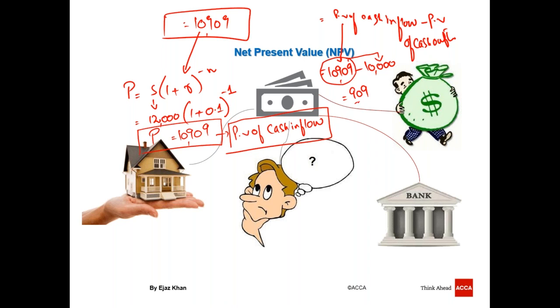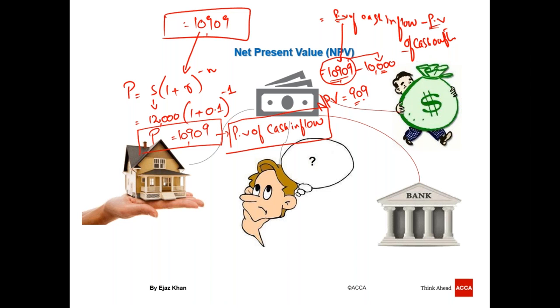Since this amount, $909, is the net of two present values, we call it net present value. And whenever we find this net present value positive, we should accept the project, as it tells us that the required investment is lower than the maximum that a company should invest.